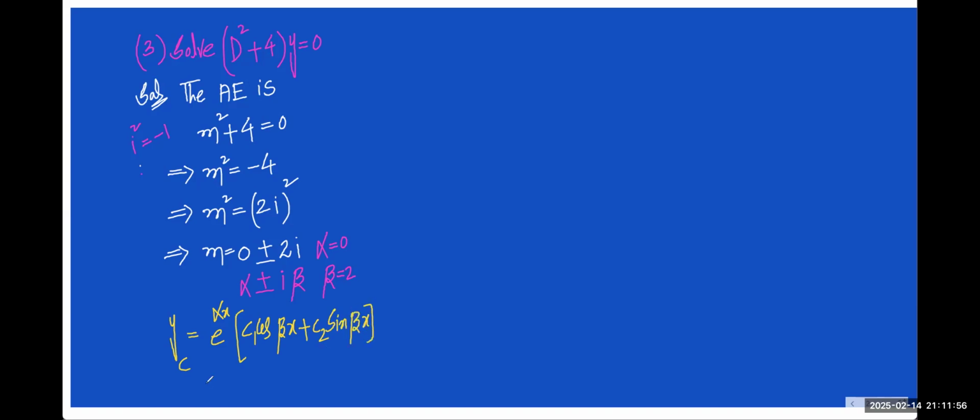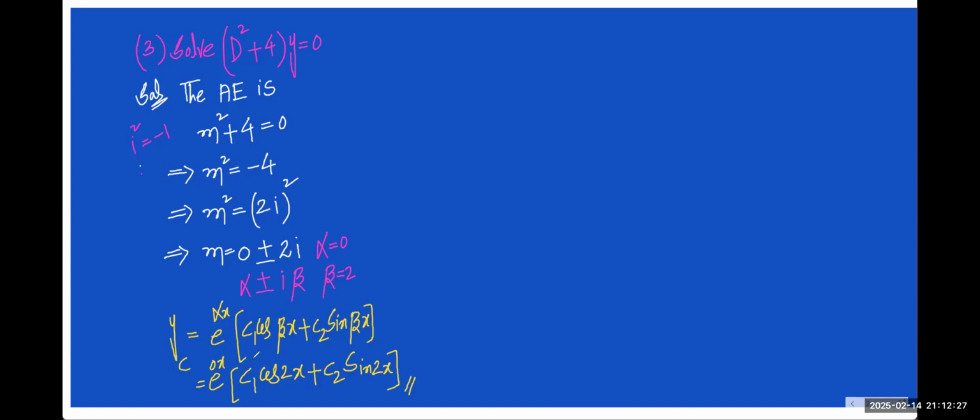So this is equal to e power, alpha value is 0, 0x into c1 cos beta value is 2x plus c2 sin beta value is 2x. And that's your answer. And if you want to write the next step, e power 0 value is 1.